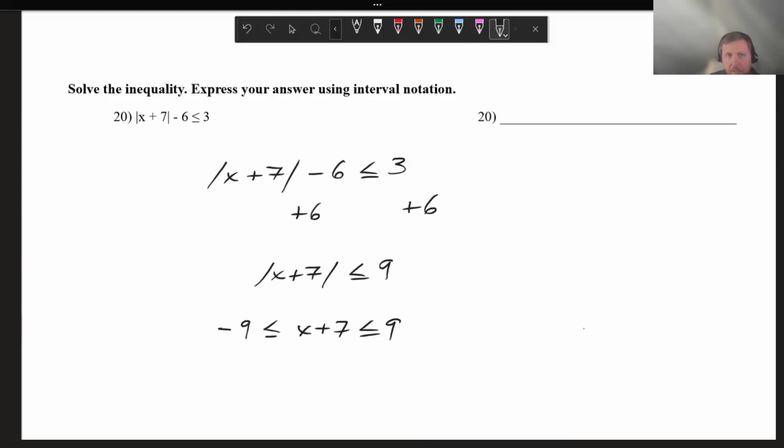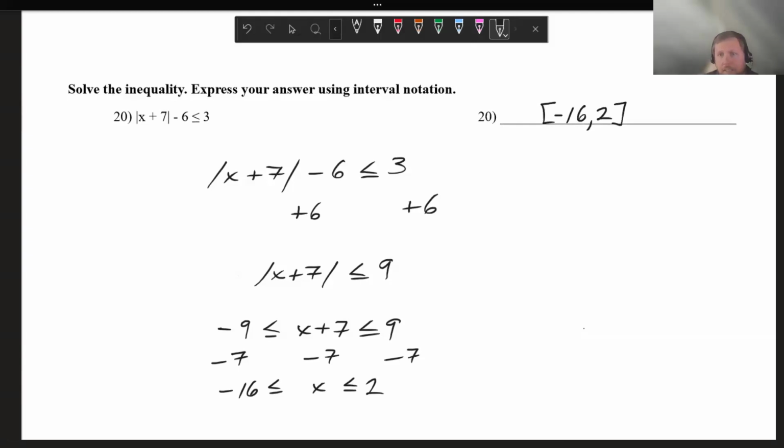And now I can operate on each section simultaneously. So negative 16 is less than or equal to x is less than or equal to 2. And in interval notation, since they're inclusive, I have square brackets, negative 16, comma, 2, closing square bracket.